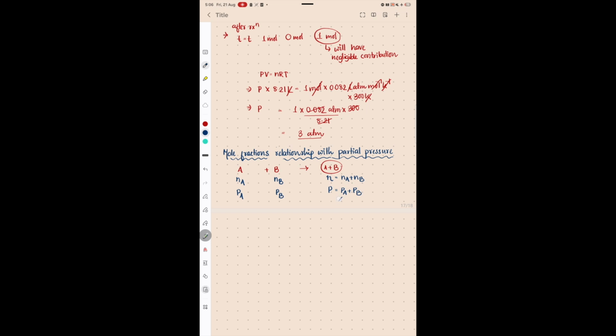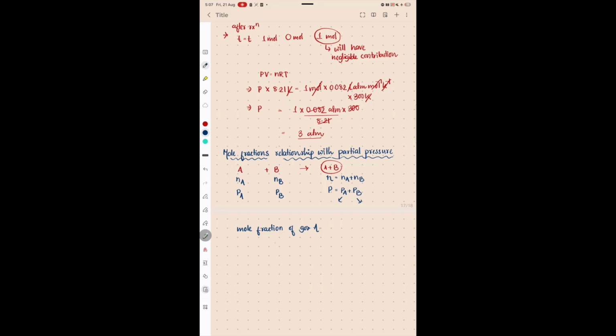So these are my partial pressures, right? Now what is mole fraction? If I ask you what is the mole fraction of gas A in the mixture, how do you tell?